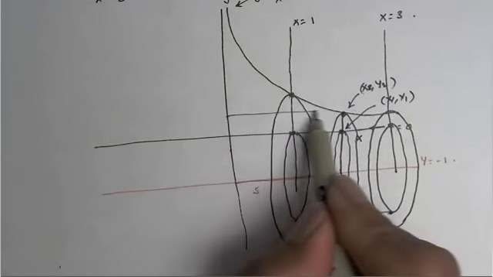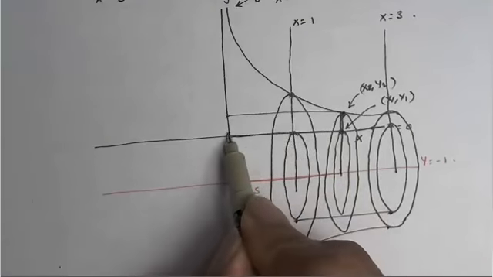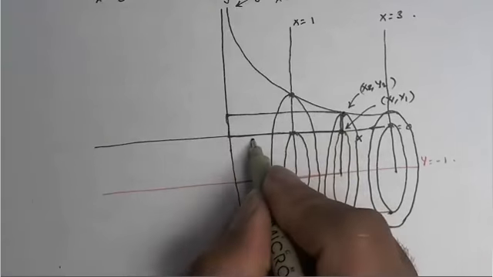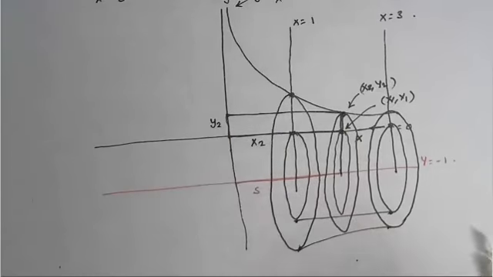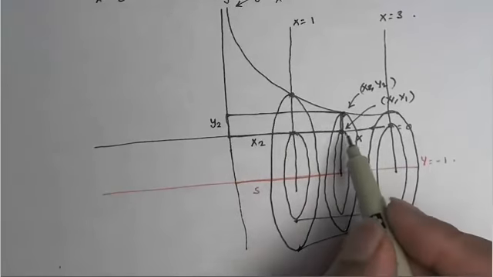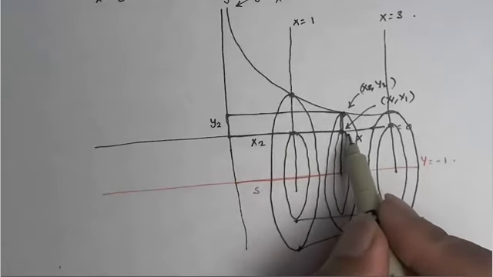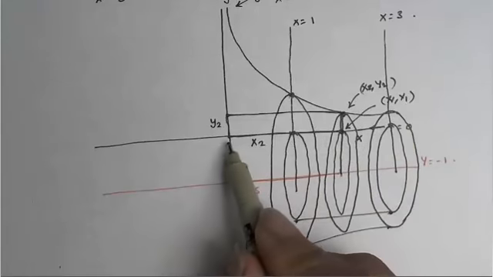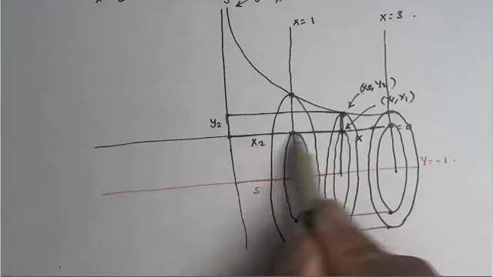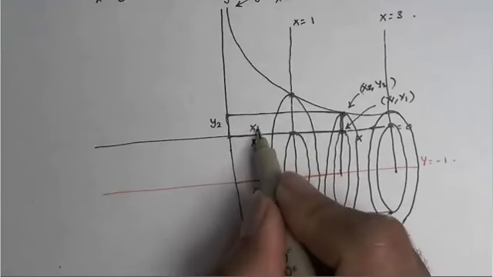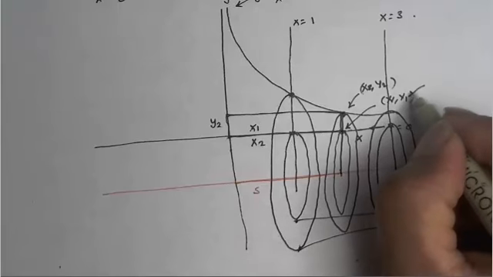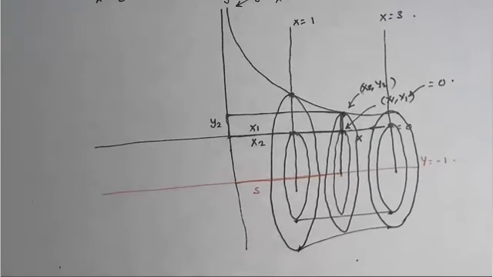So for x2, y2, this entire thing from here to here is x2, this is y2. The rectangle for x1, y1, because y1 is 0, because this is on the x-axis, is squashed. This rectangle has no height at all. It's this line itself. So x2 and x1 are the same, and y1 is 0.